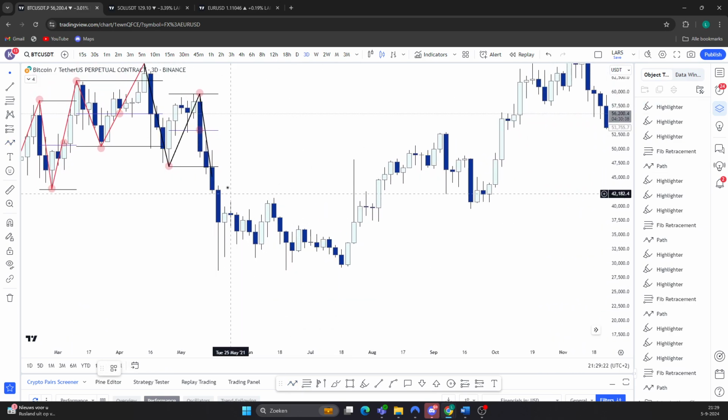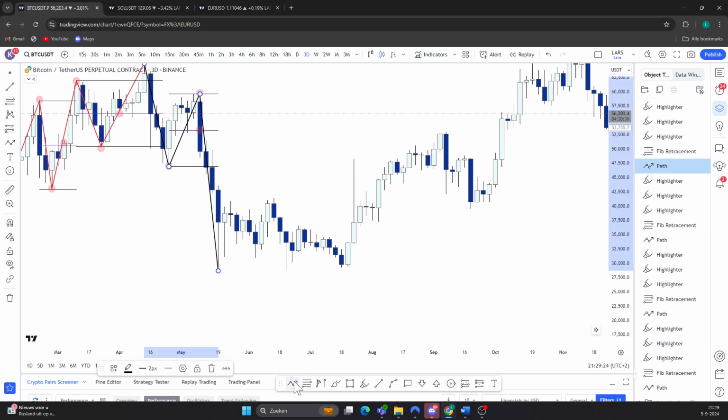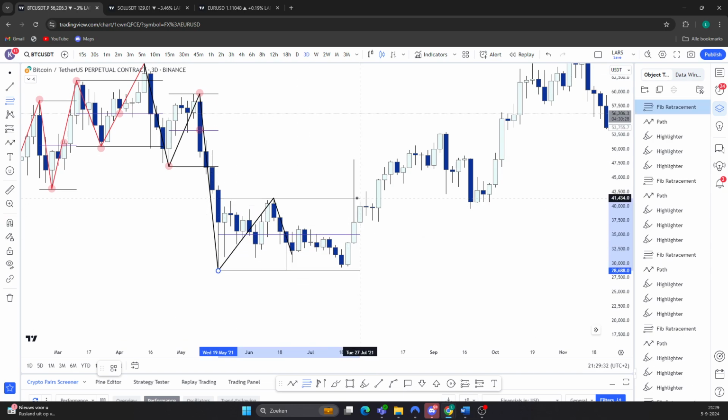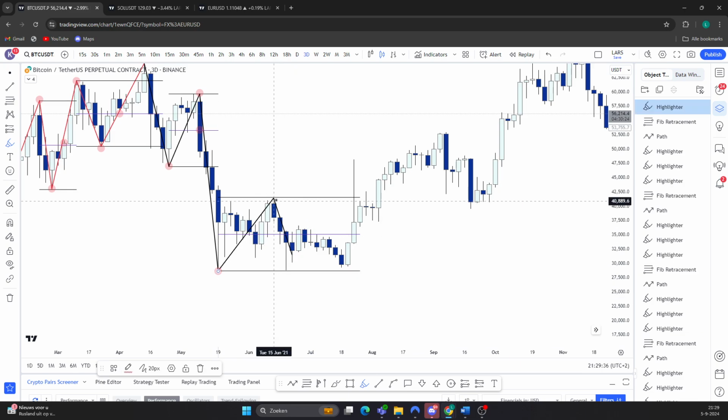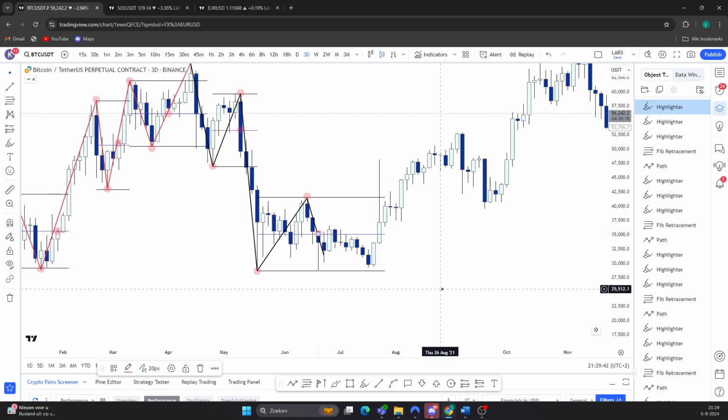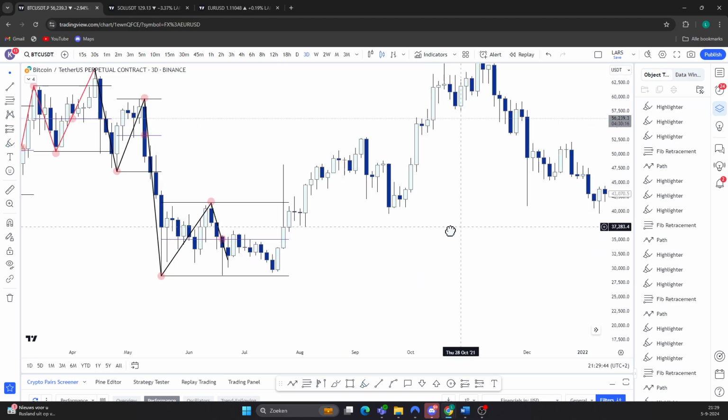From there, we continued our downtrend with a low and then a high. And when we're downtrending, we pull our range again from bottom to top, and a move back down towards the equilibrium of the range confirms the range, okay?